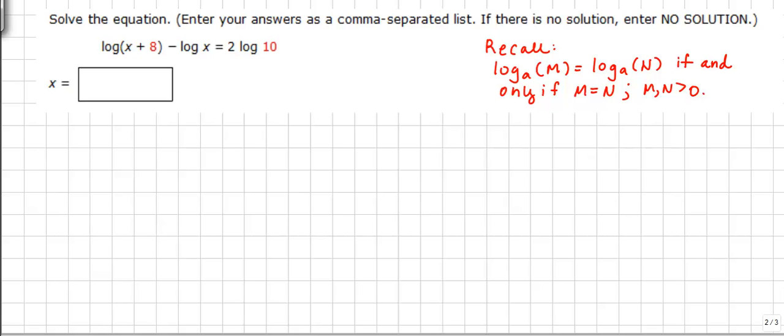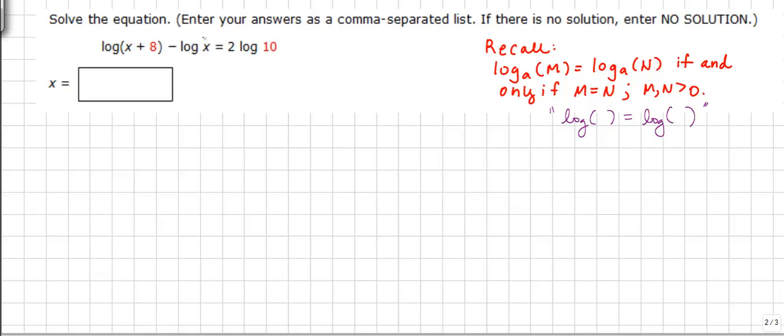All right, another type of equation you could encounter is what I'm going to refer to as logarithm equals a logarithm. And in the logarithm equals a logarithm world, you're using the one-to-one property of functions to help you solve the equation.